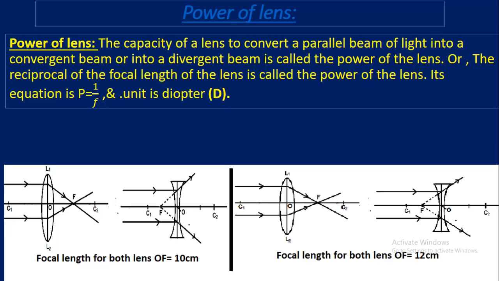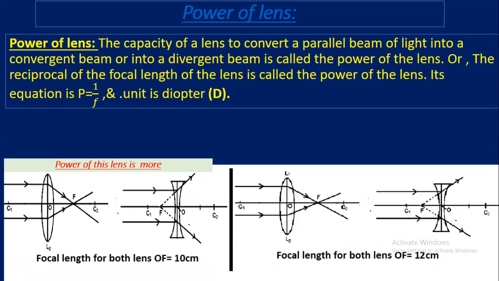Here two diagrams are shown below. The focal length of one lens is 10 centimeters and the focal length of the other lens is 12 centimeters. If the focal length is greater, then the power will decrease with the increase of focal length.